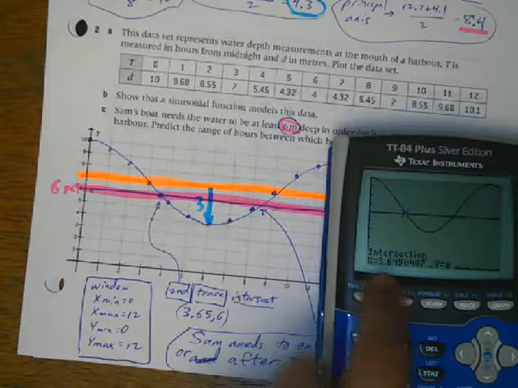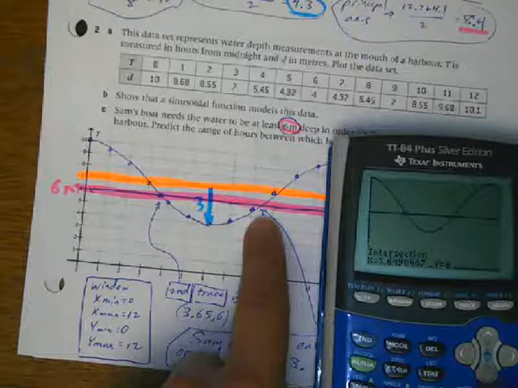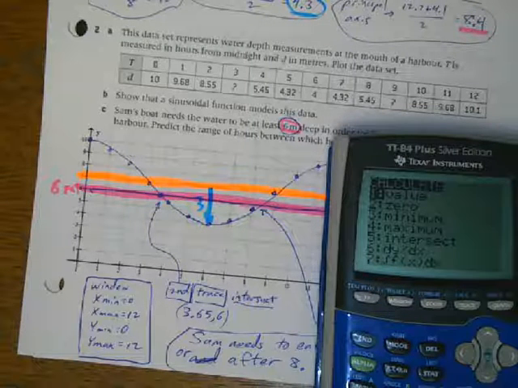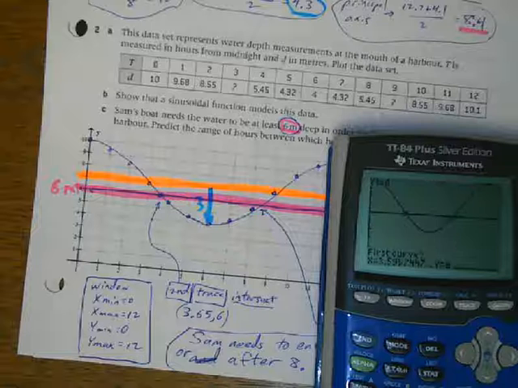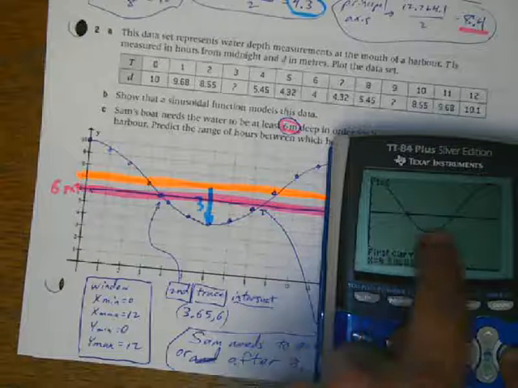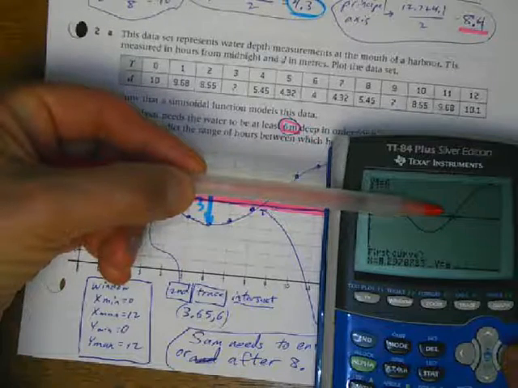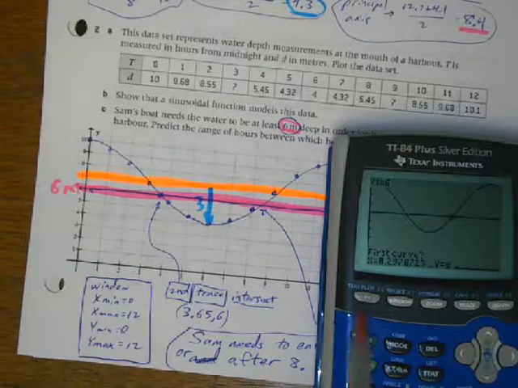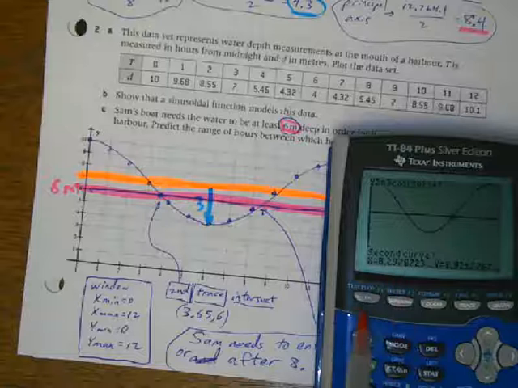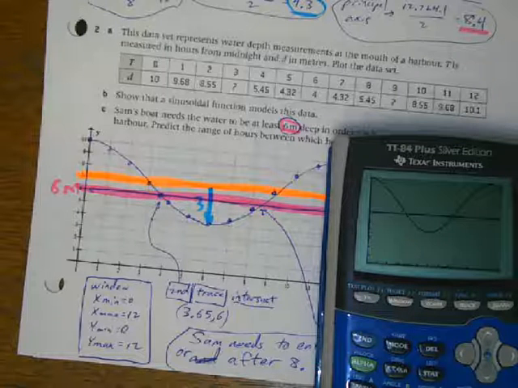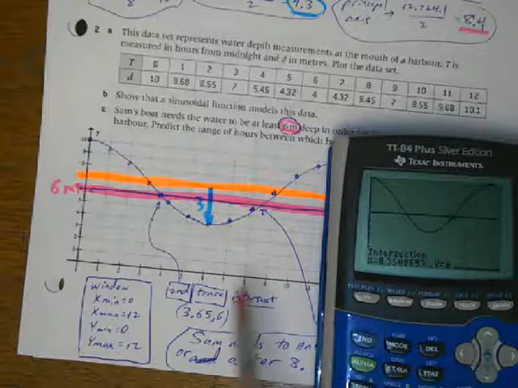And then I need to find this other intersection, second trace, 5 for intersect. And now I'm going to move this little x over to here, right? Now I hit first curve, enter, second curve, enter, guess, enter, and my intersection is at 8.35.